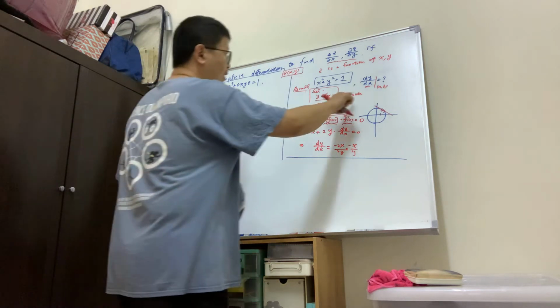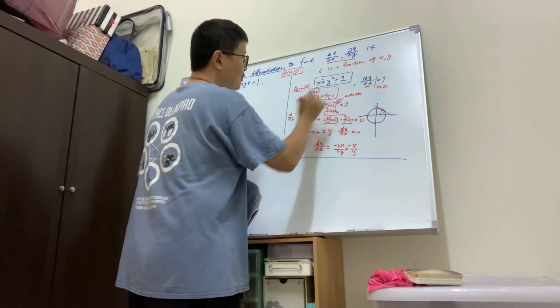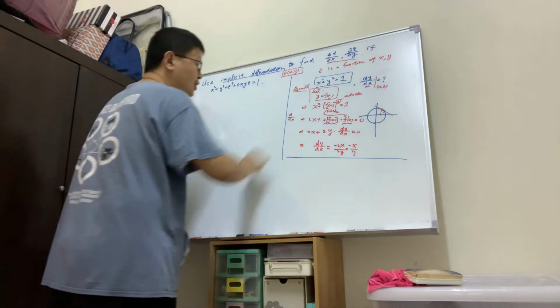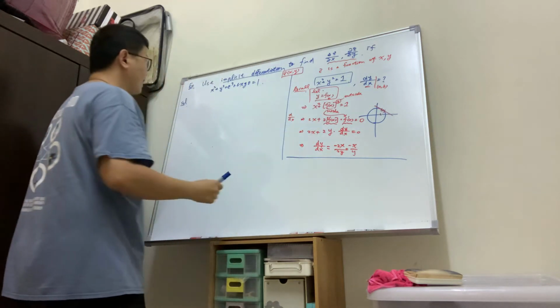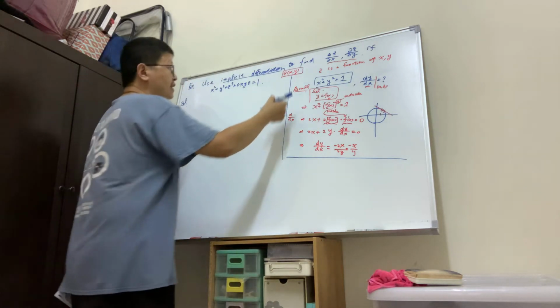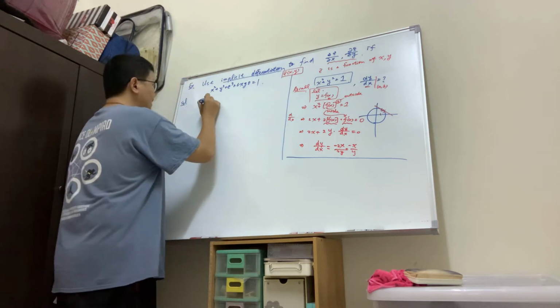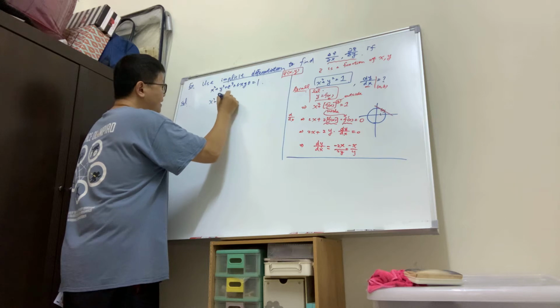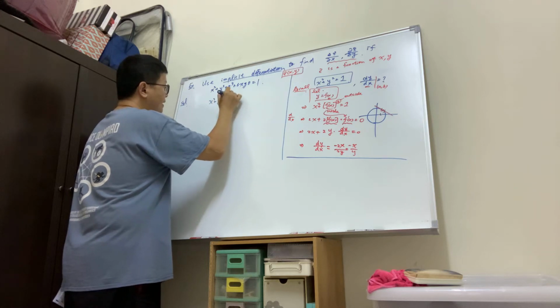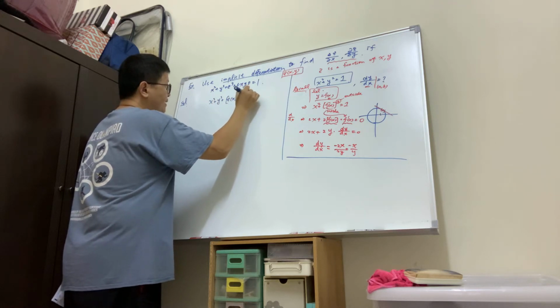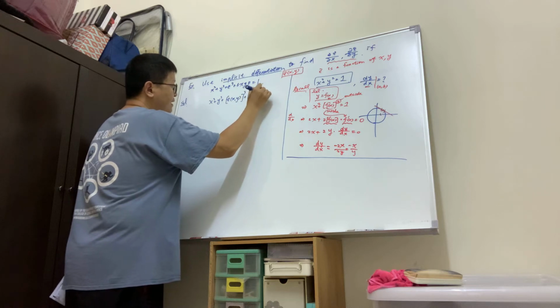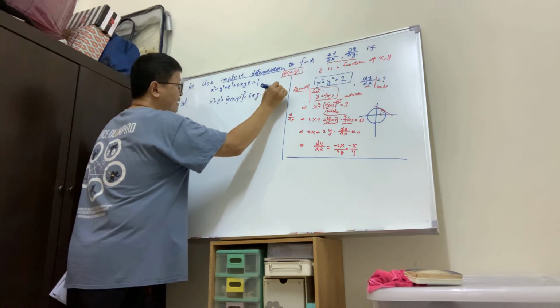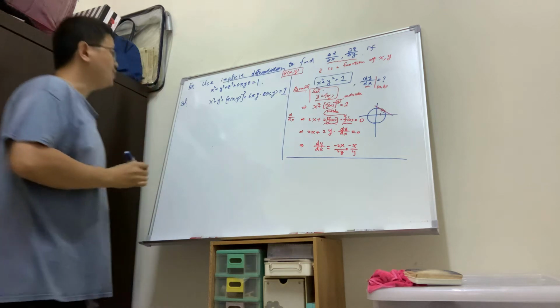So you could write it this way: x cubed plus y cubed plus g of x, y cubed plus 6xy times g of x, y equals 1.